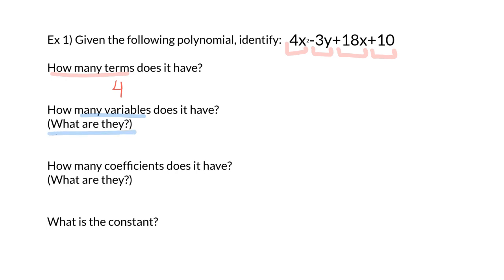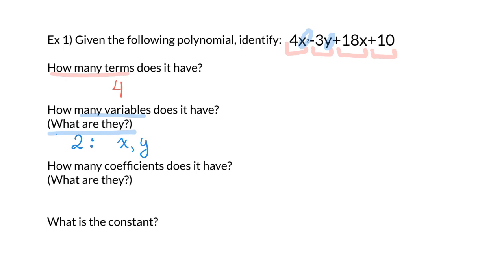So remember, variables are different letters that represent numbers that we don't know. So how many different letters do we see? There's an X, there's a Y, and an X again, and the 10 doesn't have any letters. So that means that there are 2 variables here. What are they? There's an X and there's a Y.